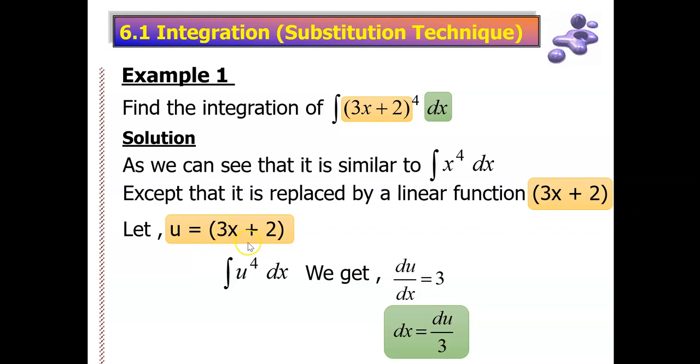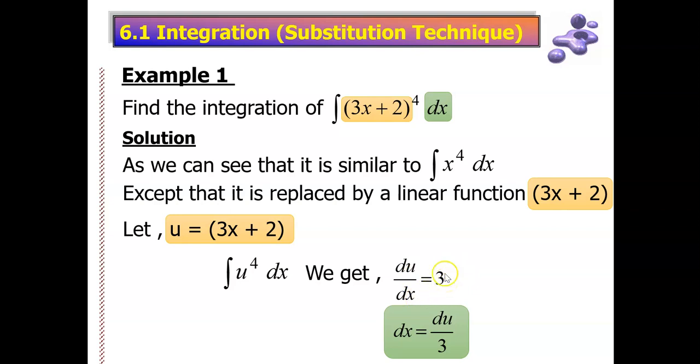Now you have 3x plus 2. So we differentiate this side. Differentiating 3x plus 2, you will get only 3. That's why you get 3 in here. So du over dx equals 3.